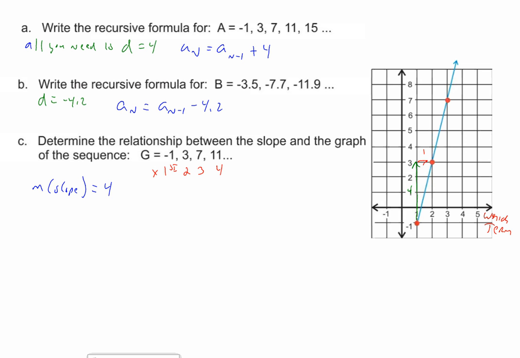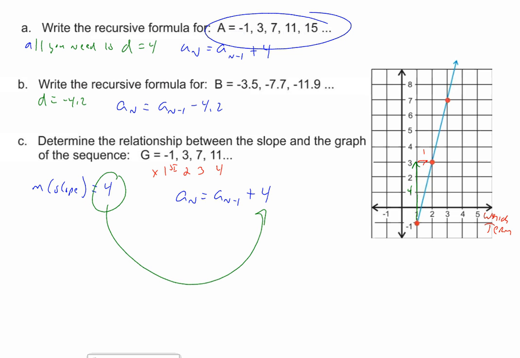It's the one up here in A. A sub n equals a sub n minus 1 plus 4. So what's the relationship between the slope and the common difference? Well, hopefully you can say, 4 is 4.